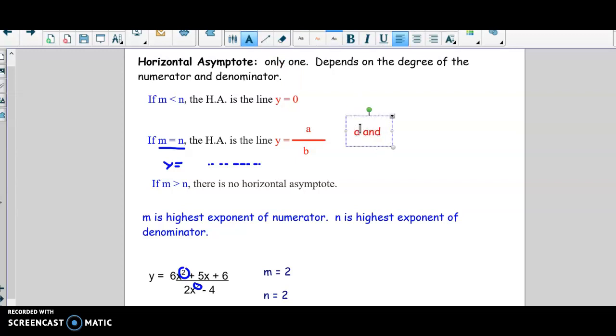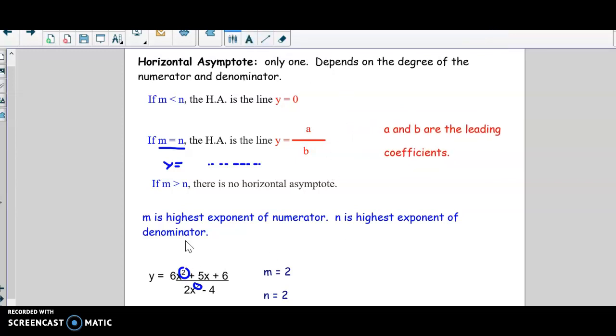In my example, the leading coefficients are this 6 and this 2. So the horizontal asymptote is y equals A, which is 6, over B, which is 2, and that cleans up to y equals 3. On our graph, we would just have a horizontal asymptote at y equals 3.